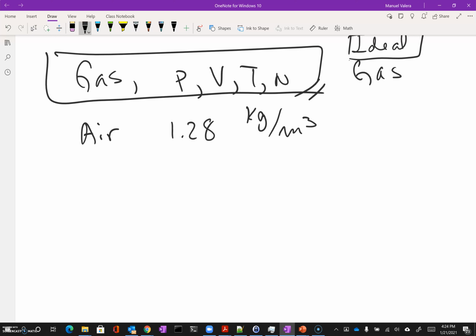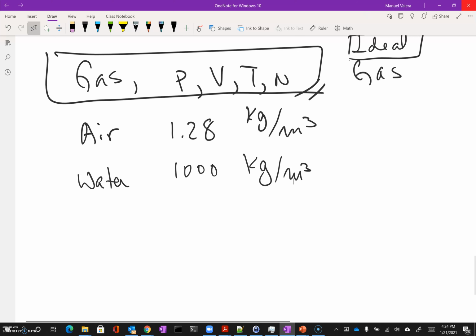If you put the air from that box on a scale, what you're going to measure is 1.28 kilograms. If you do the same for water, this becomes 1,000. So as you can see, water is 1,000 times heavier than air per unit of volume.